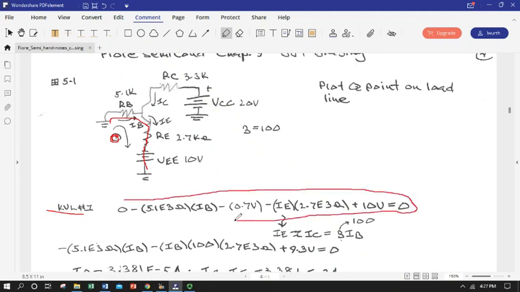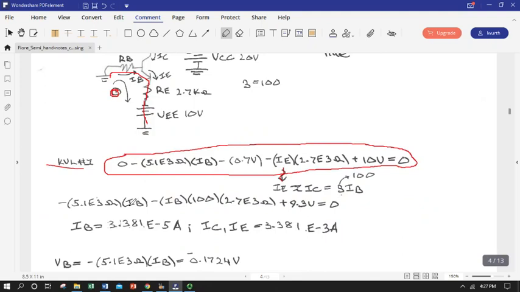So that's our starting expression. We're going to make our assumption that emitter and collector currents are pretty much the same, and we're going to assume that we can write collector and base currents in terms of each other with beta. So that'll give us one equation and one unknown. We can write it in terms of base current, and then we can get collector and emitter currents by just multiplying by, in this case, 100.